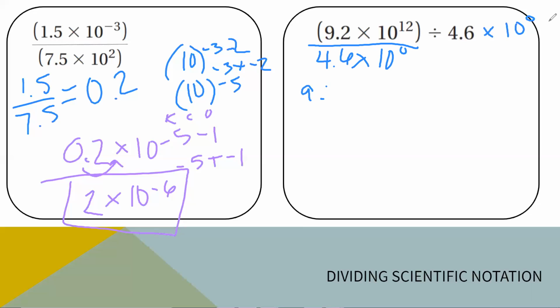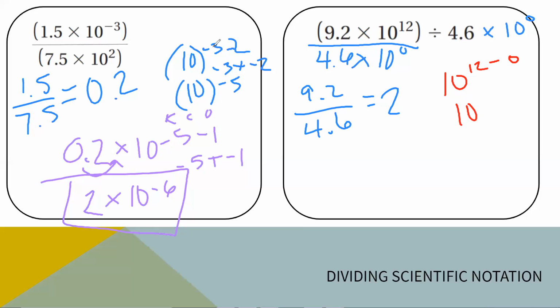In my calculator, I'm going to divide my two factors. So I've got 9.2 divided by 4.6, which equals 2. And then on my power side, I've got 10 to the 12th minus 0, using that quotient rule that we know.